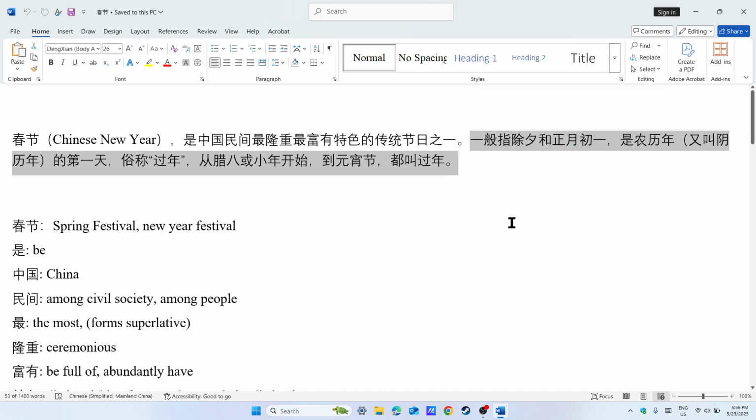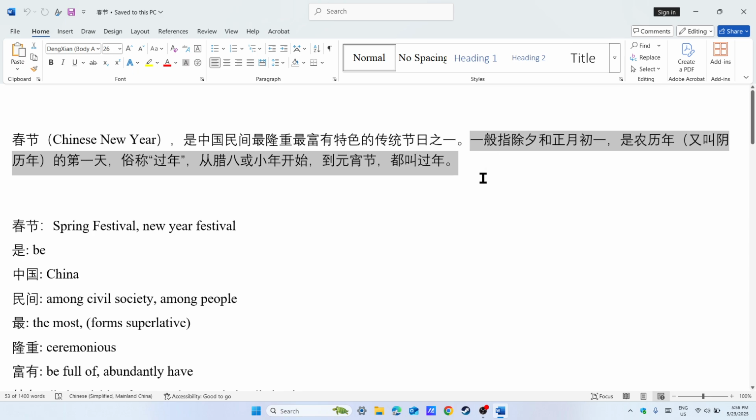In English, we don't allow this kind of sentence, because we normally cannot omit a subject in English, but in Chinese it looks okay.